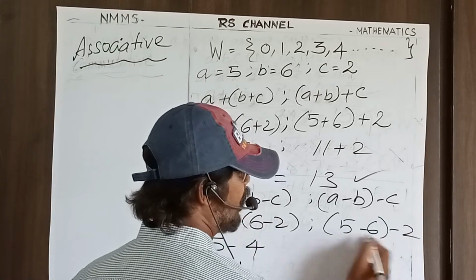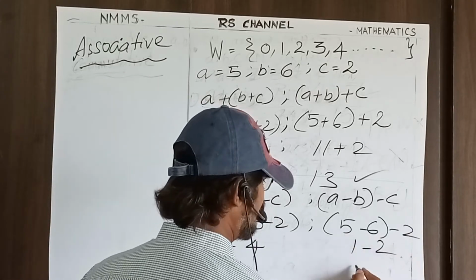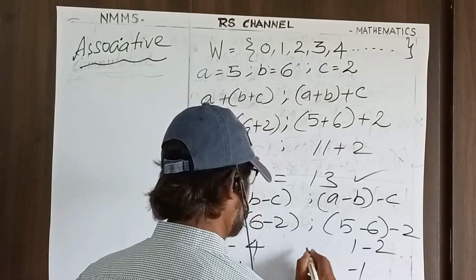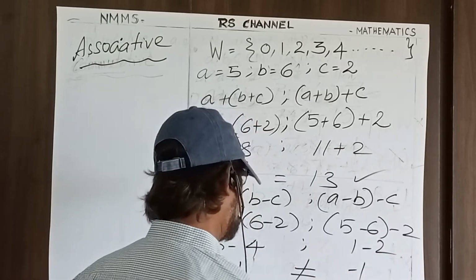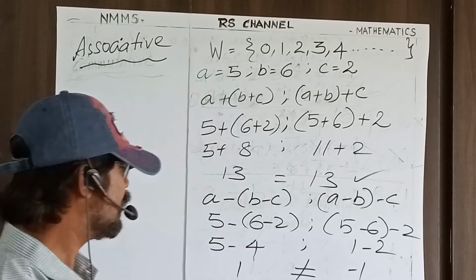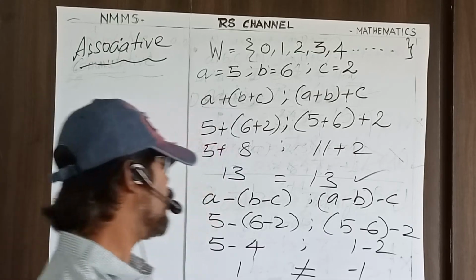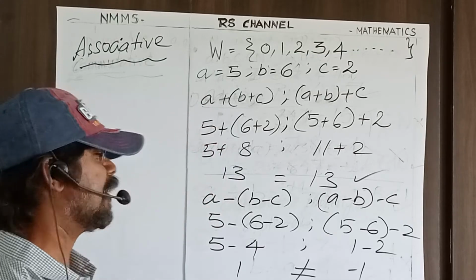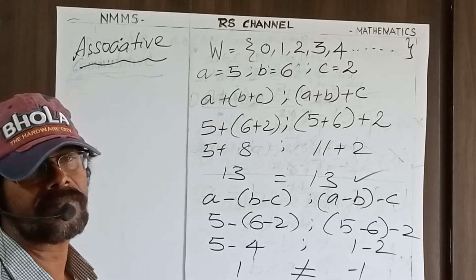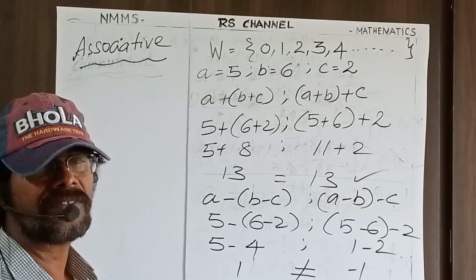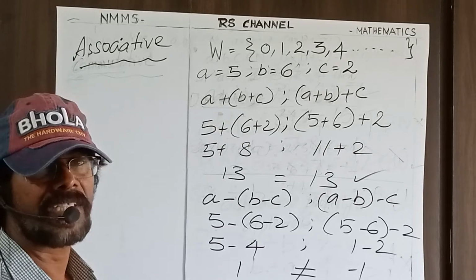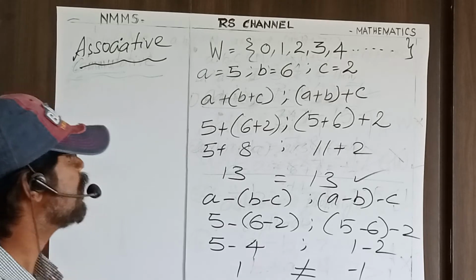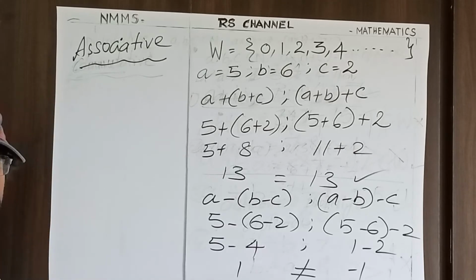Here 5 minus 6 is equal to minus 1, and minus 1 minus 2 is minus 3. These are not equal. Both are not equal. So that's why subtraction is not associative. Understand? Observe.